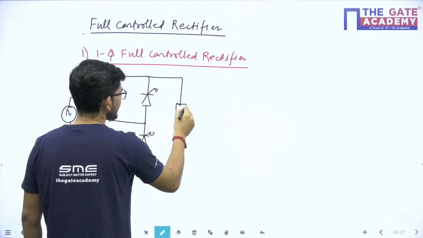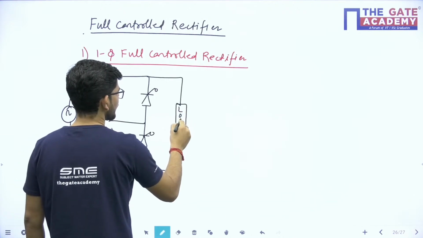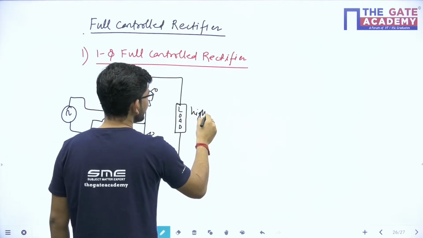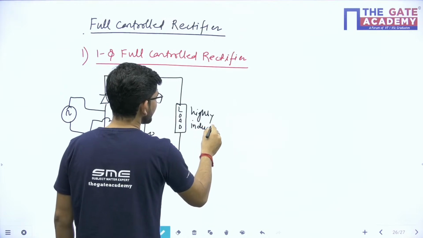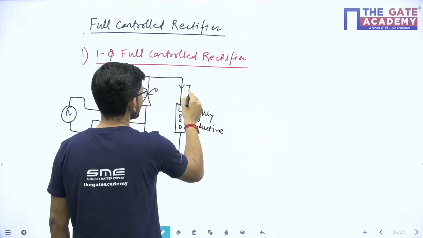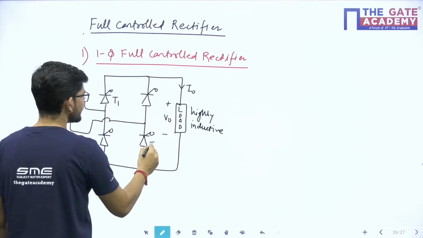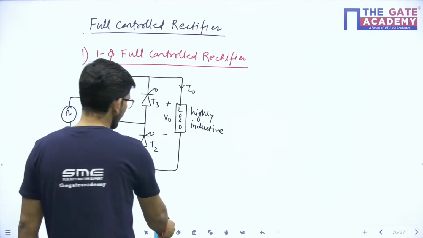This is the load that we have, and let's suppose this load is a highly inductive load. This is what we have. This current is I naught, this voltage is V naught. This is thyristor T1, this is T2, this is T3, and this thyristor is T4.